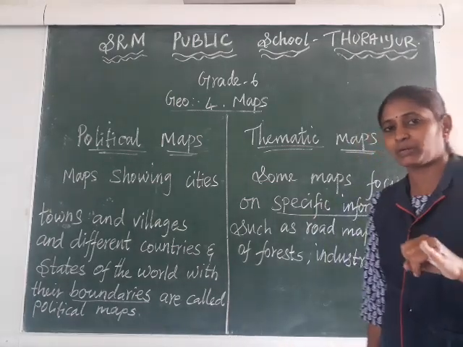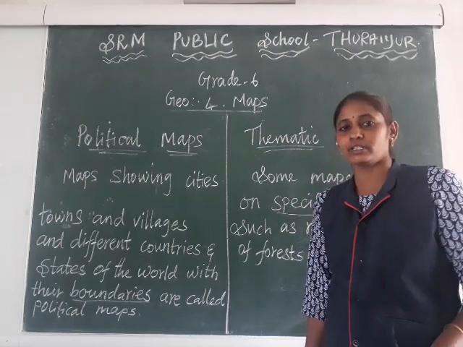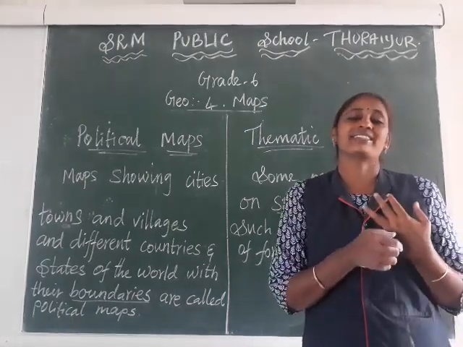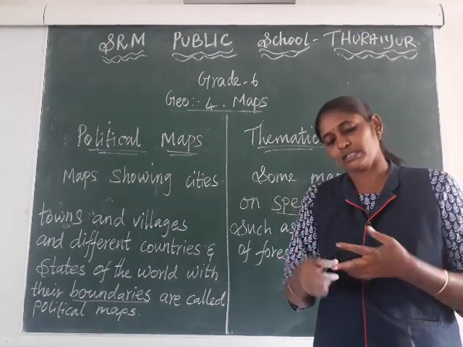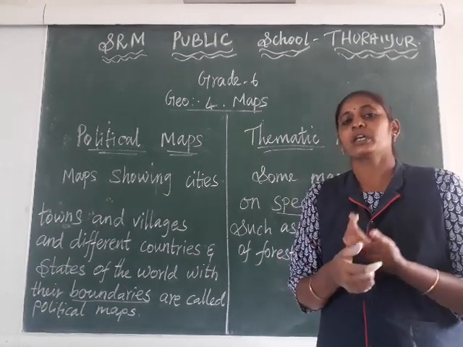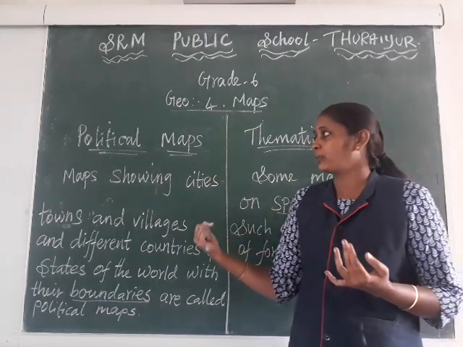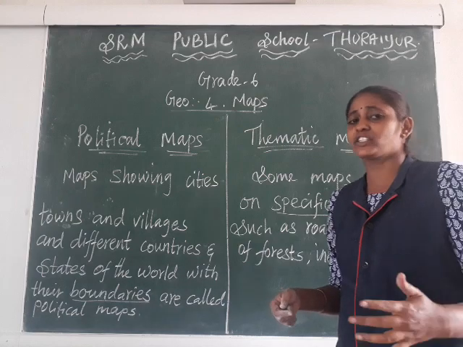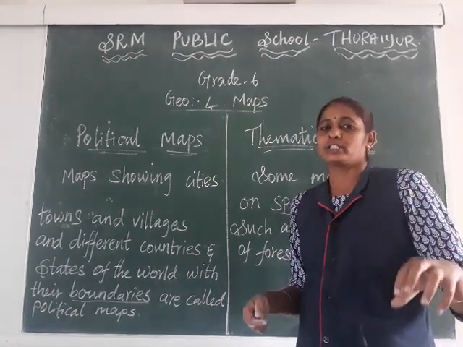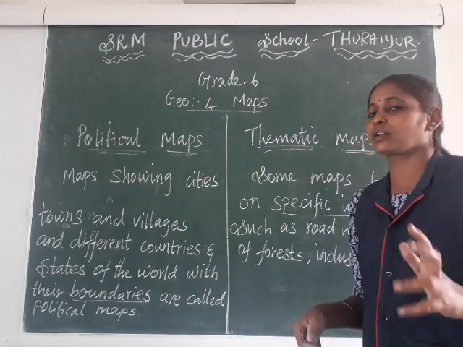The physical map shows the natural features of the earth: mountains, rivers, oceans, seas, plateaus, everything. The political map shows a particular town, city, country or state along with its boundaries.